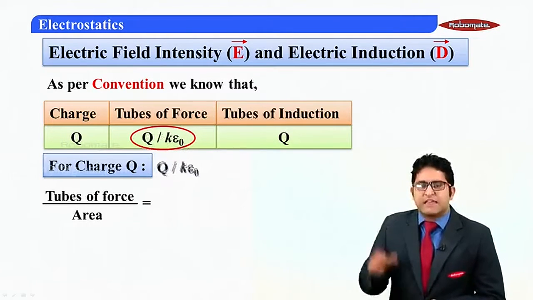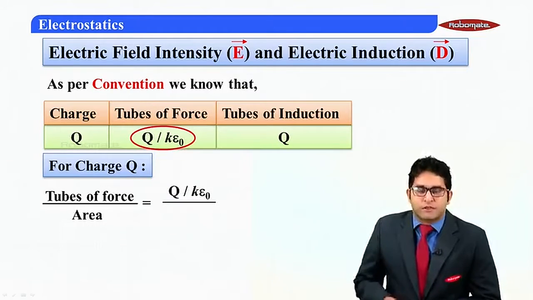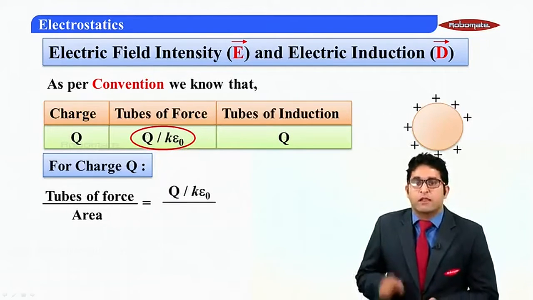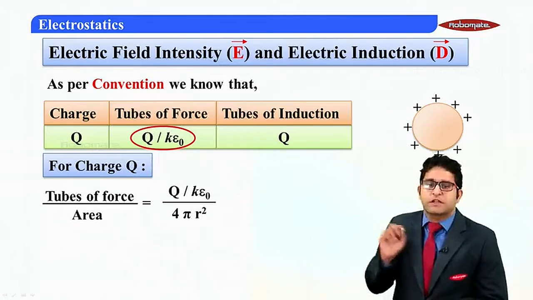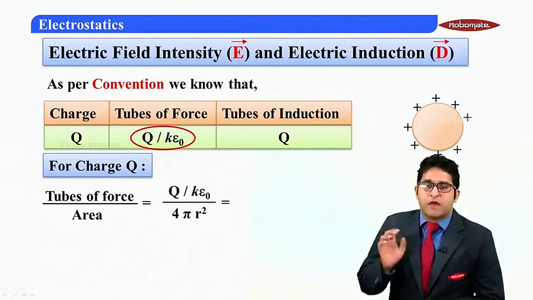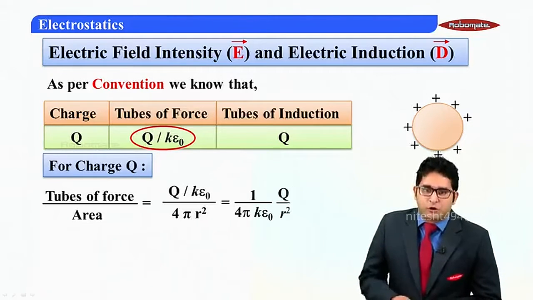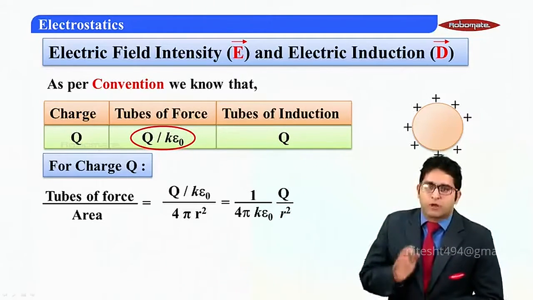Right? And let's say this charge is given to a sphere, then the surface area of the sphere will be 4 pi r square. Right? So if I rearrange this particular term, what will I get? I'll get 1 by 4 pi k epsilon naught into capital Q upon small r square.